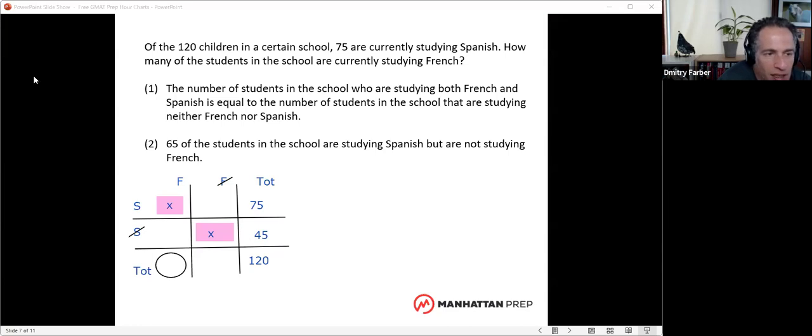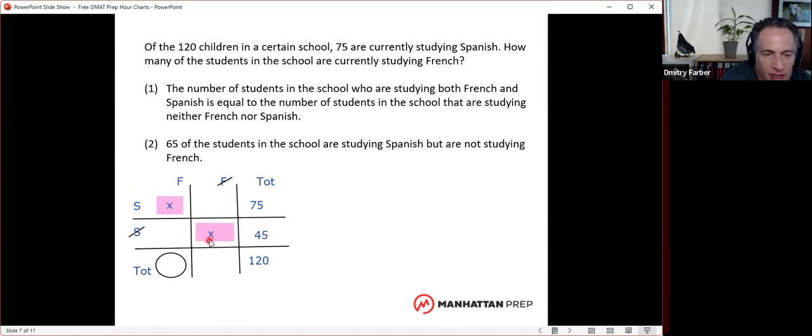One way we can look at that is the general idea on these boxes. Just like when we had 75 up here, we knew we could find the 45 here. If I have any two parts of a row or column, I can find the third, even if it's an abstraction like X. So for instance, here, if there's X people who study neither, and there's 45 total people who don't study Spanish, then I can find the number of people in this box, the French no Spanish box. How? I just subtract this from this. Like make it concrete for a second.